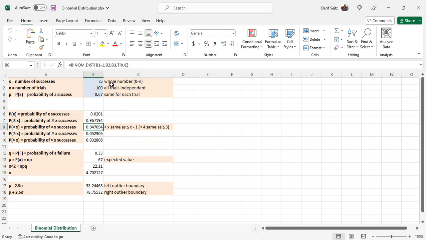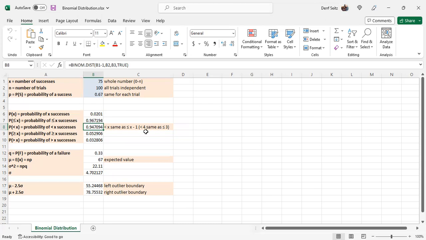These numbers of successes have to be whole numbers between 0 and n, the number of trials. You could have no successes, or you could have n successes, or anywhere in between. But to have less than x is the same as less than or equal to x minus 1.